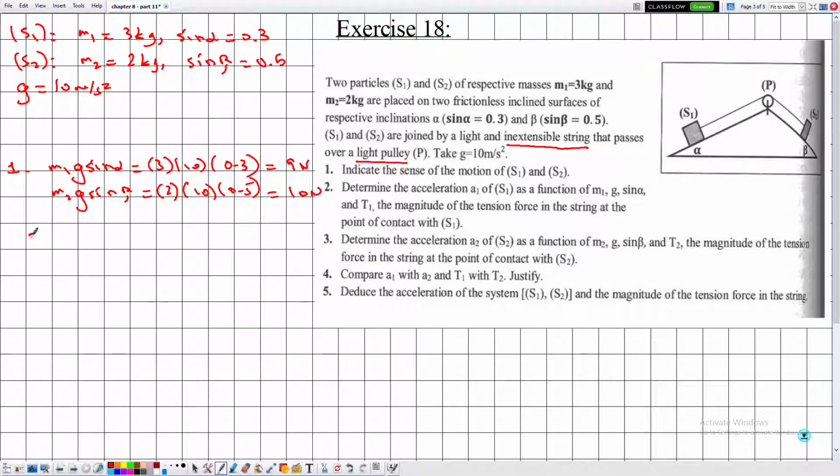So since m2 g sine beta is greater than m1 g sine alpha, then the direction of motion will be along S2.